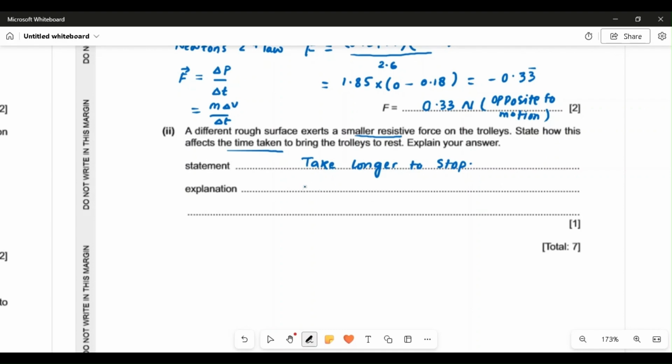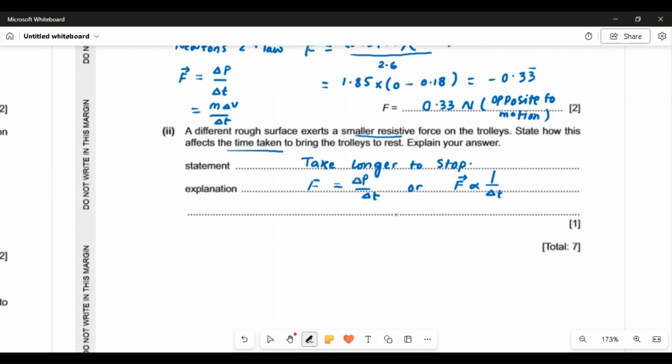Why? Because we know that resistive force F is equal to delta P over delta T. We can simply say that force is inversely proportional to the time it takes.